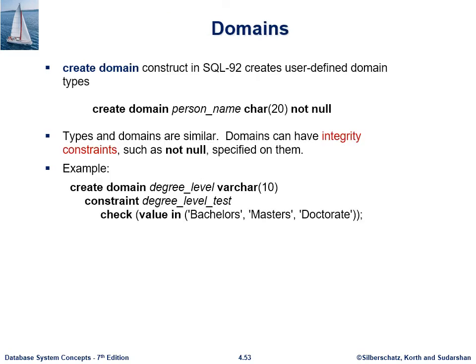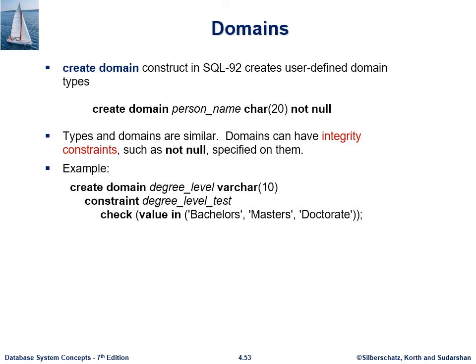We can also create domains. Here is the grammar: create domain, then the domain name, then the definition of the domain. For example, person name is 20 characters, and the name cannot be null. You can find here we have 2 parts. The first one is about the type, the second one is about the constraints or integrity constraints.